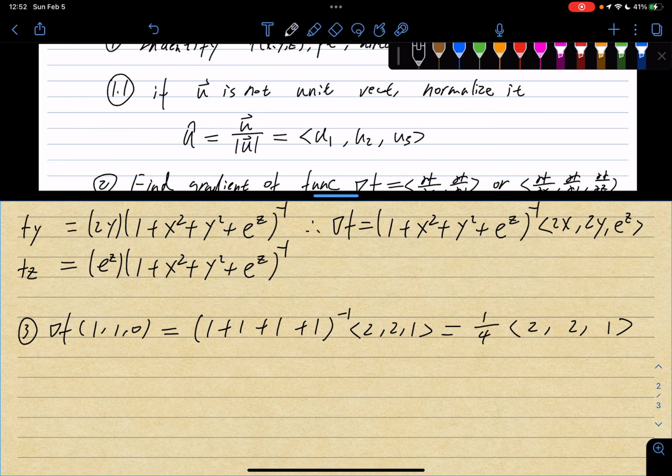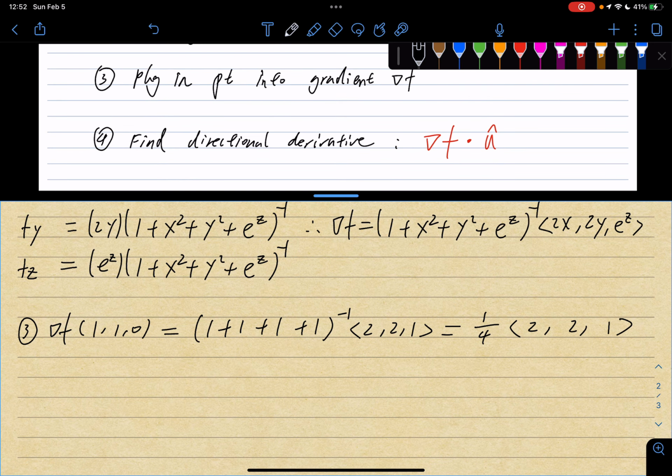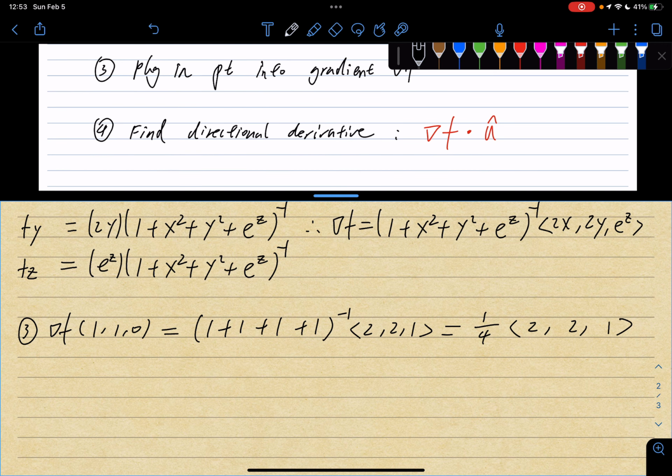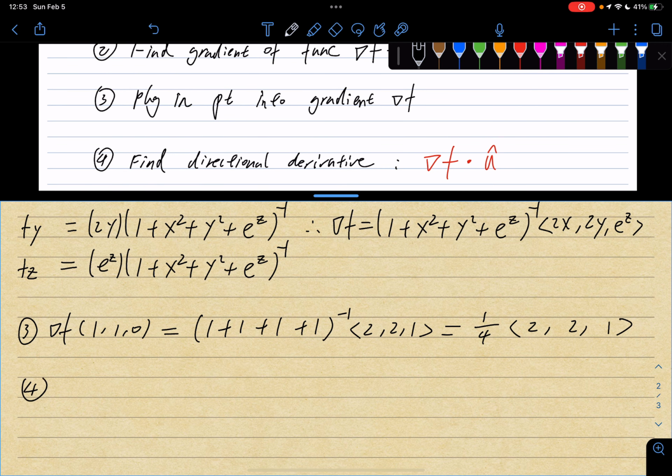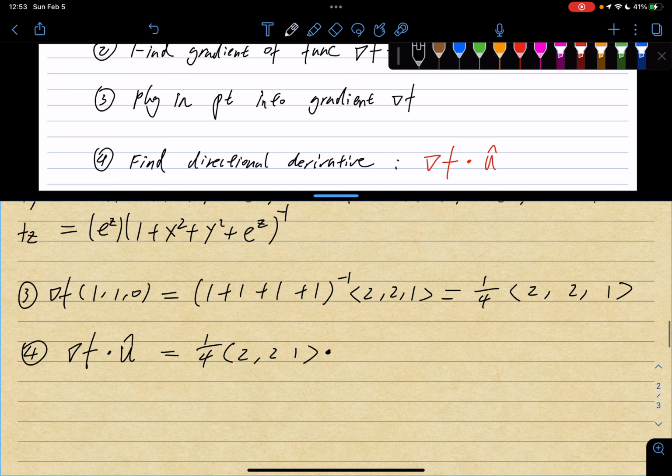So step 4, we're just going to take advantage of the directional derivative formula: the gradient of f dotted with the unit vector, which gives us 1 over 4 times (2, 2, 1) dotted with 1 over square root of 14 times (1, 2, 3), and this will give us 9.